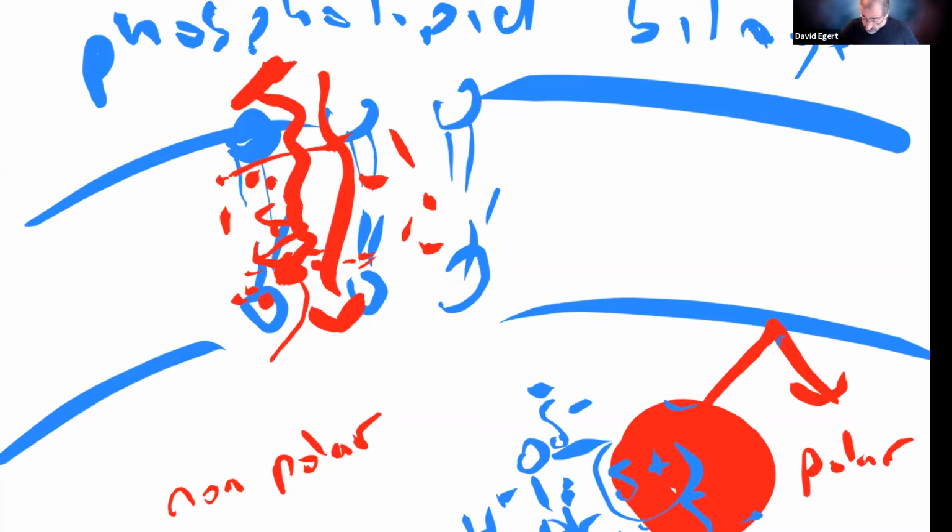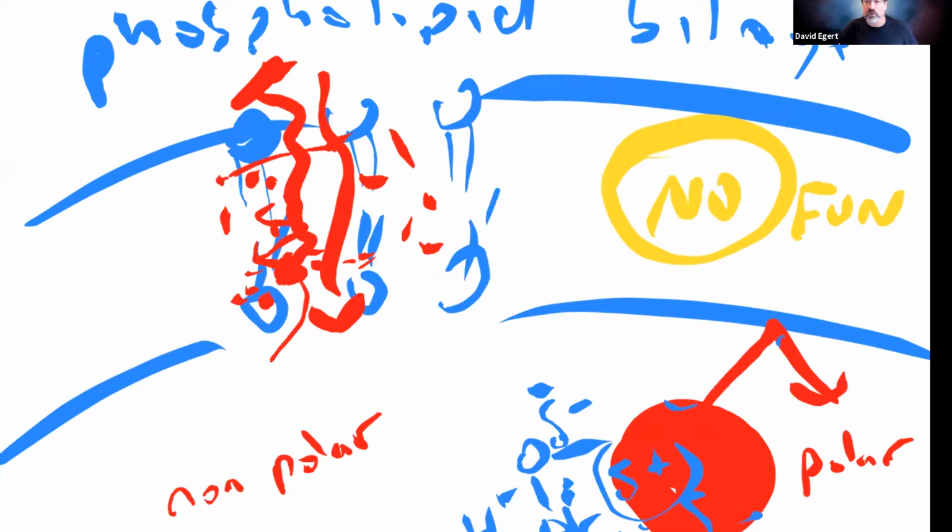So it gets up here, it says, no fun zone, right? There's nothing there that is going to be attracted to it. So it just stays on whatever side it's on. If it gets up towards this hydrophobic tail zone, there's nothing to play with. So it continually stays pulled on whatever side it's on.